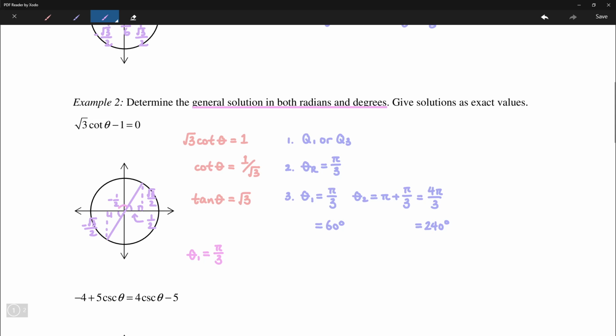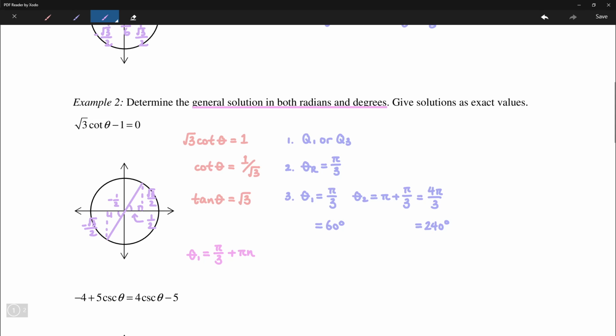So if we go half a rotation around, we'll end up at 4 pi over 3. And then if we add another pi, we'll end up at pi over 3 again, but we would have completed a full rotation, and so forth. So that is to say, we can keep on adding multiples of pi to reach another solution.